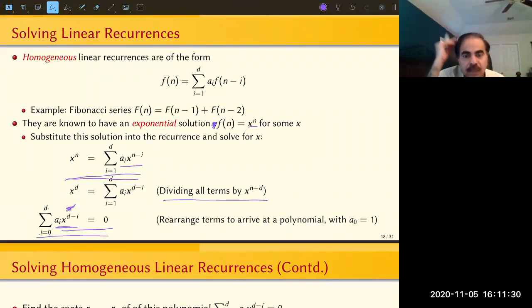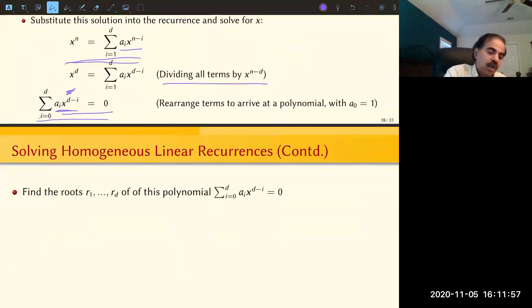In a quadratic equation, the maximum exponent comes with x squared, so the exponent is 2. Quadratic equations have a degree of 2, and you know that they have 2 roots. So in general, a polynomial equation of degree d has d roots, the same number of roots as the highest degree.